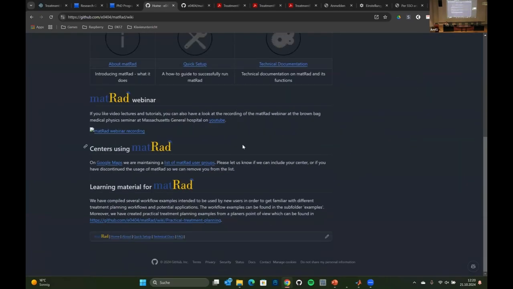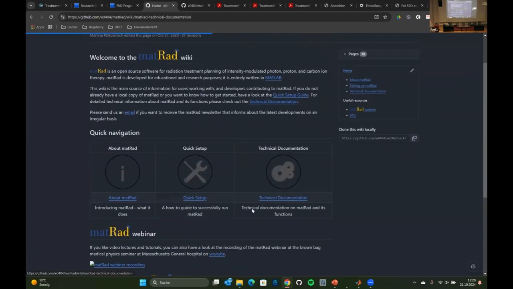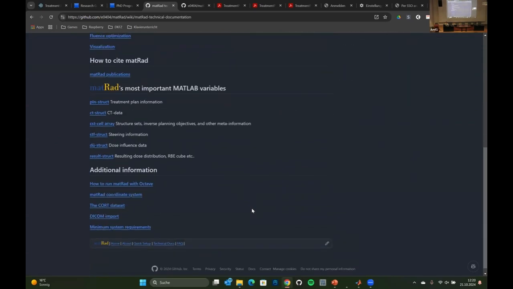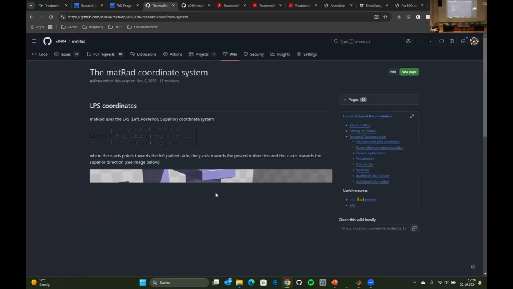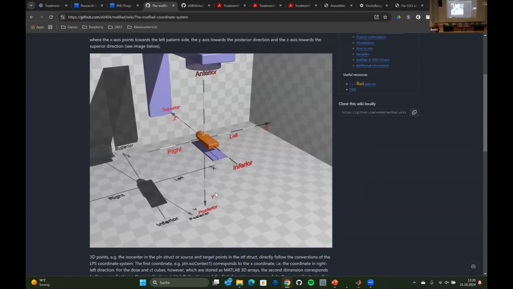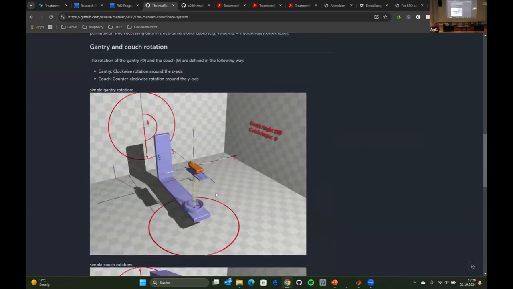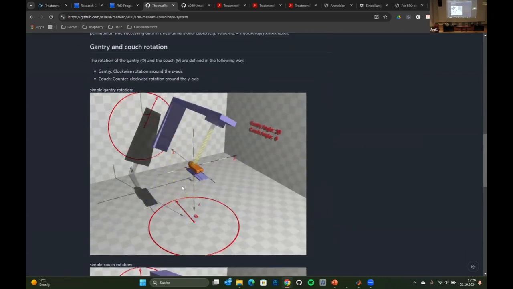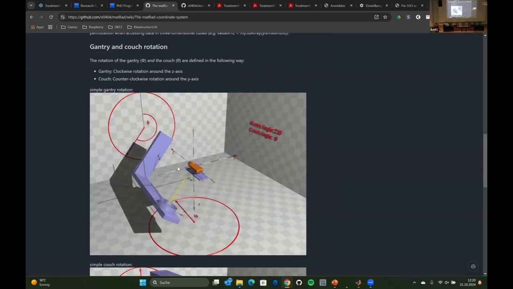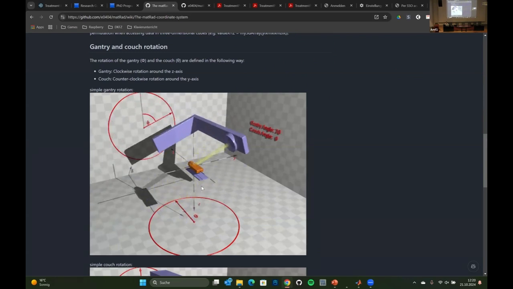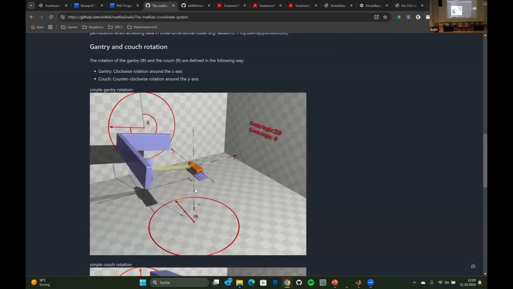I just need to find where it is. Technical documentation. So in a very simplified way, that's how it looks like. You have a gantry that can rotate around the patient. It's also interesting for you if you want to know what the X, Y, and Z coordinates mean in matRad.